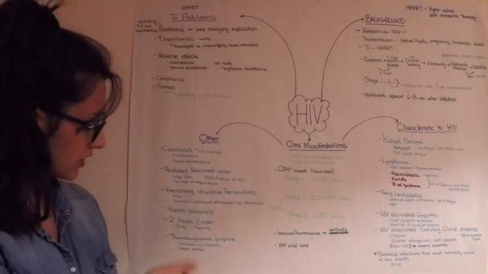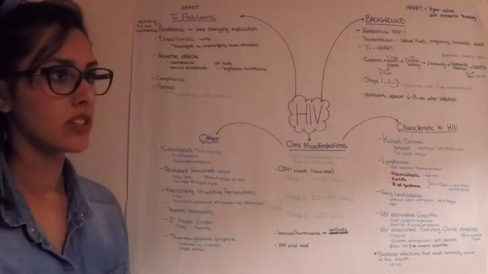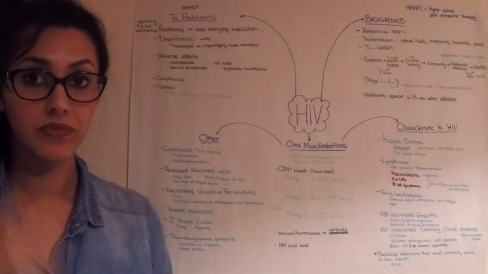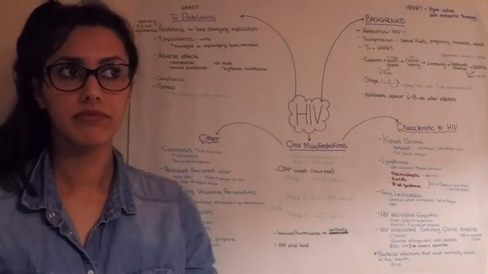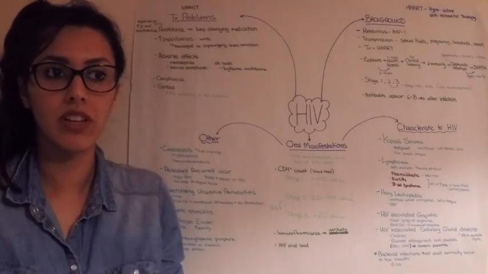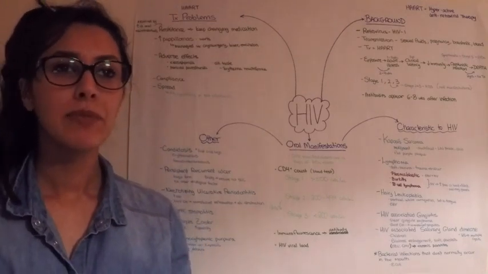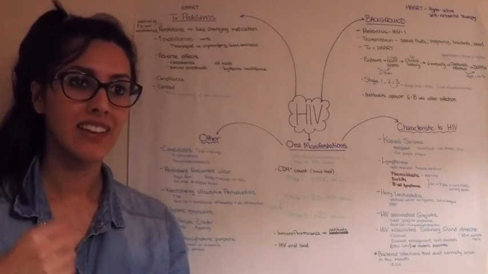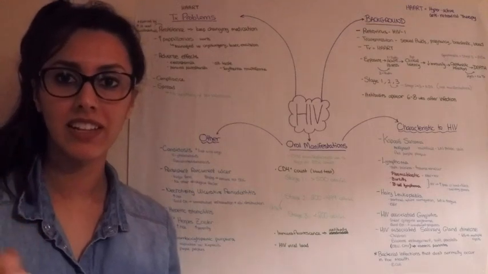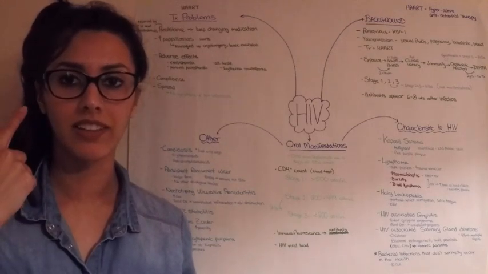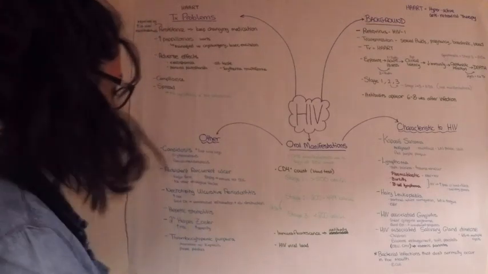On top of that, they also have an increased risk of developing secondary herpes zoster, shingles, just because immunosuppression is one of those instigating factors for reactivation of that latent virus.